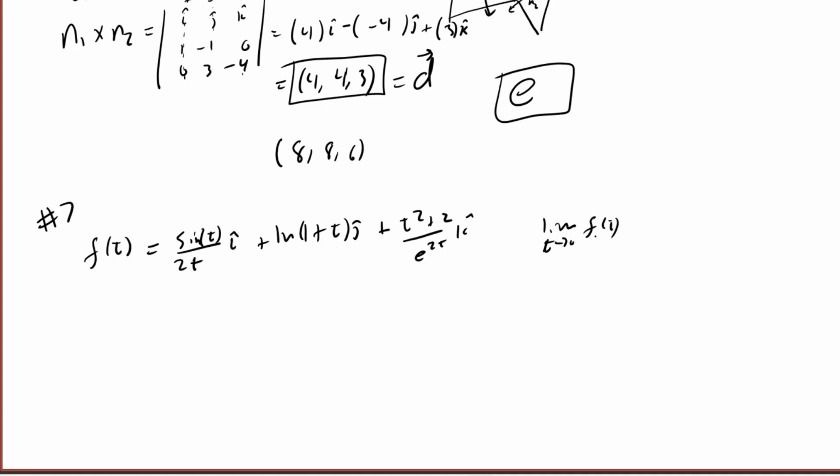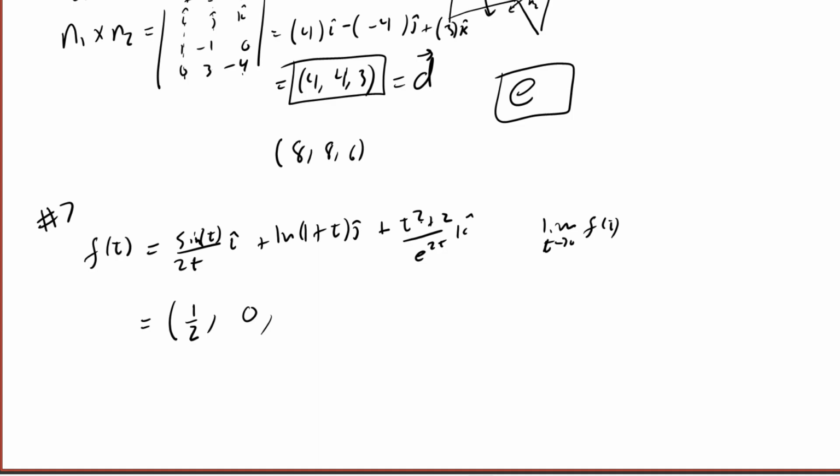Okay, so we can't just plug in, but if we do the limit as t goes to 0 of the first component, sine t over t goes to 1, so that's going to be 1/2. At t equals 0, this is ln of 1, which is 0.